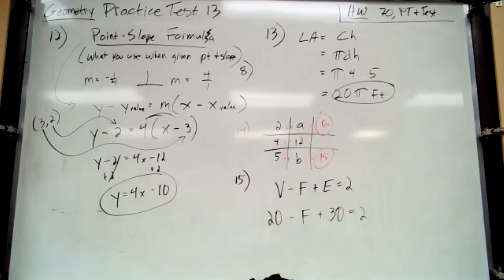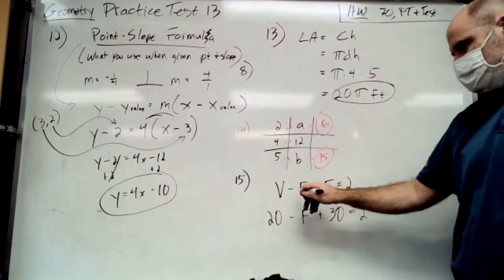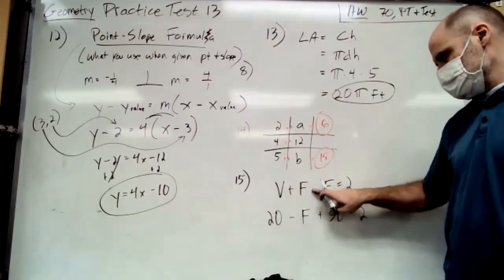No, that's not right. E is Euler's constant. The formula is V plus F minus E. V plus F minus E.